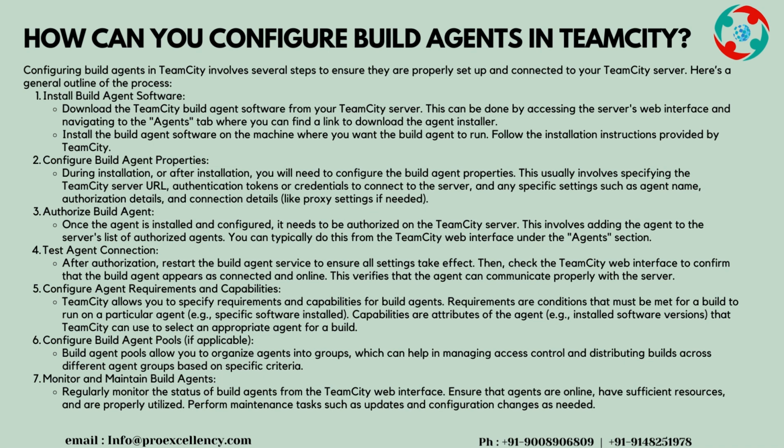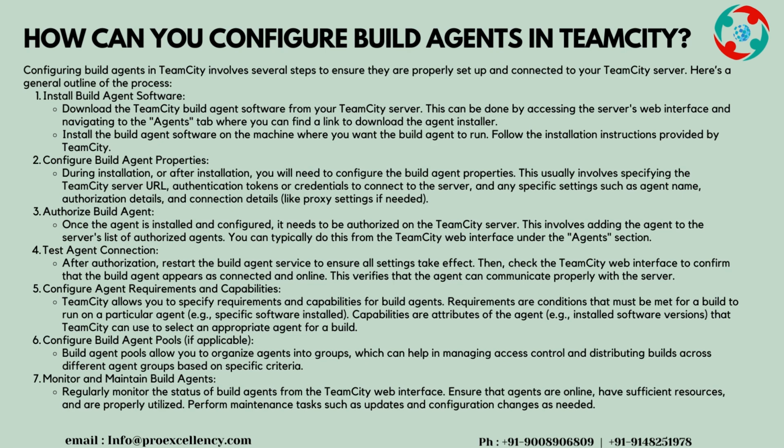Authorize build agent. Once the agent is installed and configured, it needs to be authorized on the TeamCity server. This involves adding the agent to the server's list of authorized agents. You can typically do this from the TeamCity web interface under the Agents section.